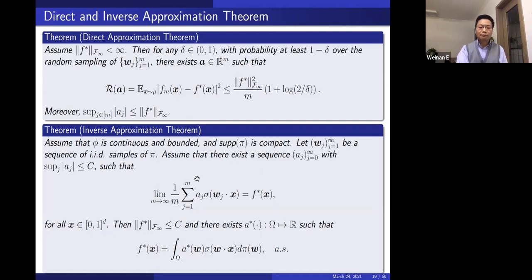Conversely, if a target function can be approximated by random feature models with bounded coefficients, then this function must admit this representation, and the F_infinity norm must be finite. These are easy theorems to prove, and they're the analog of the Jackson and Bernstein theorems in classical approximation theory.